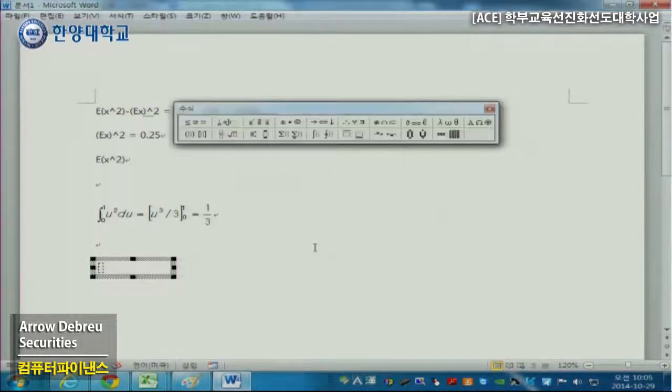So F inverse F(t) is t, right? But in the uniform distribution, U(t) is t.